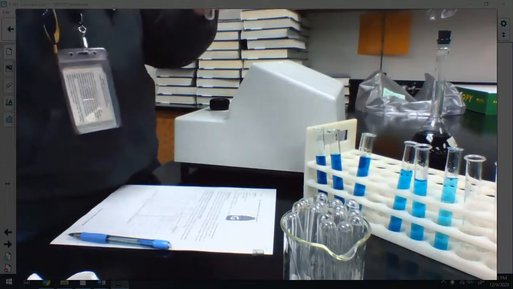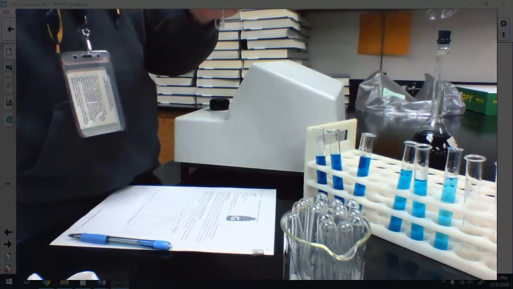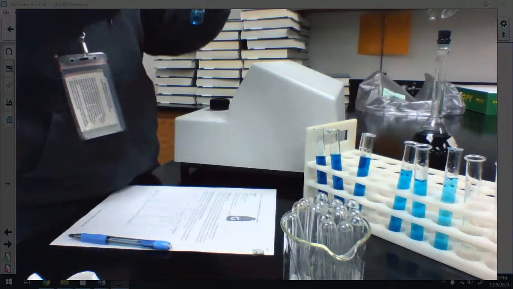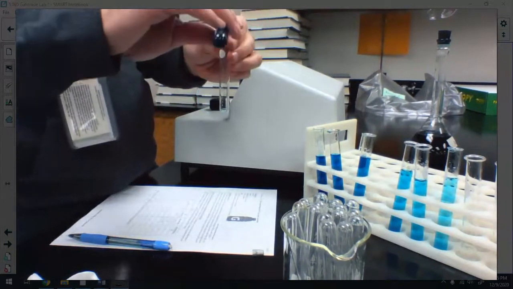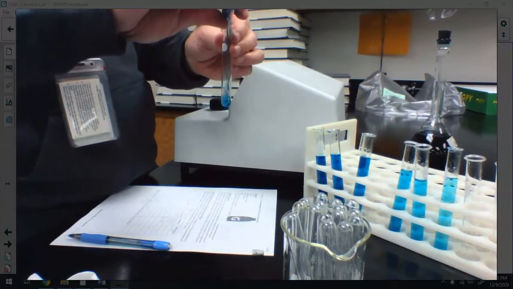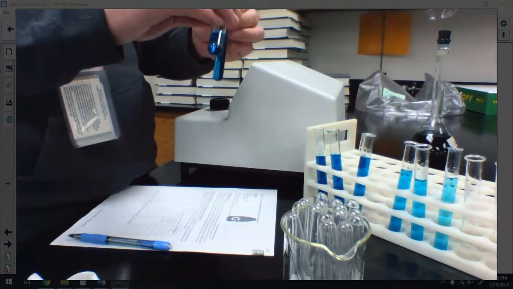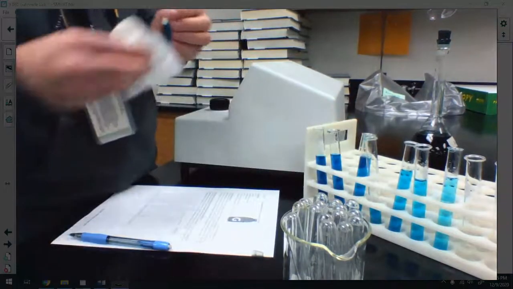Grab the next, same thing. Wipe it down.